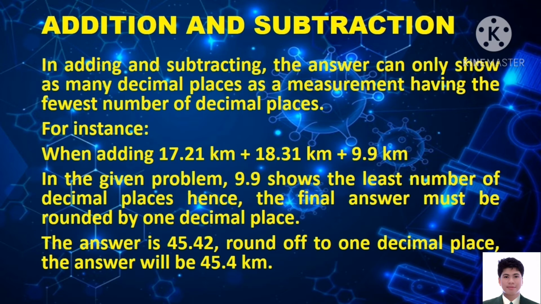In the given problem, 9.9 shows the least number of decimal places. Hence, the final answer must be rounded to one decimal place. The answer is 45.42. Rounded to one decimal place, the answer will be 45.4 kilometers.